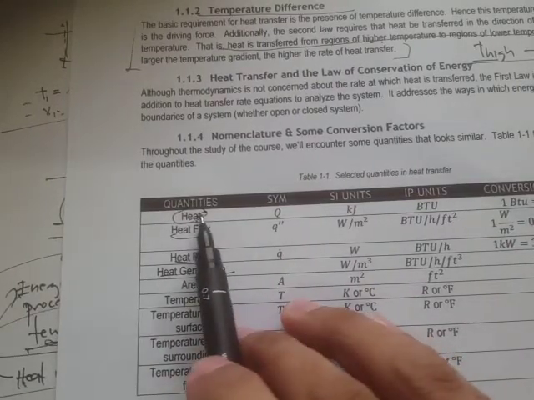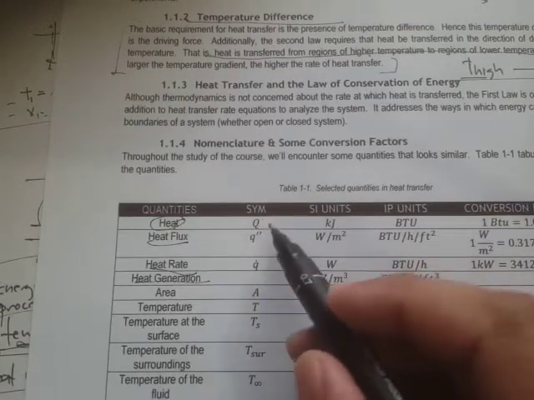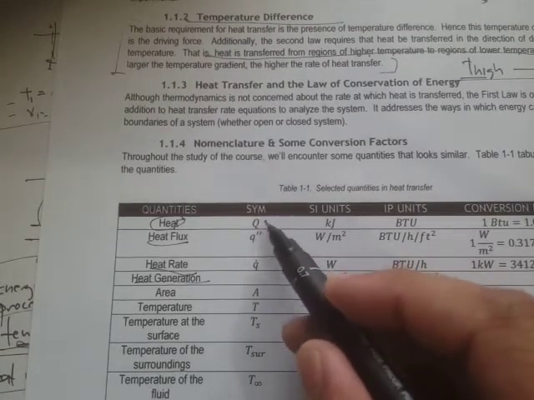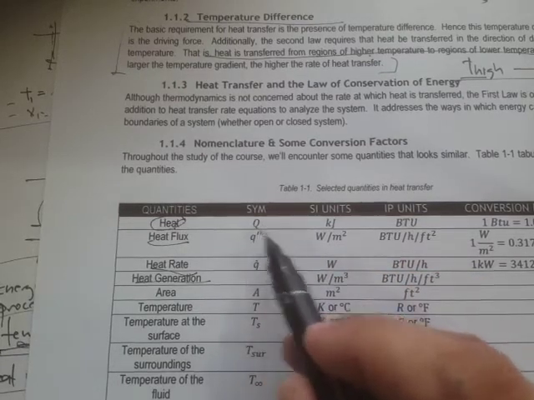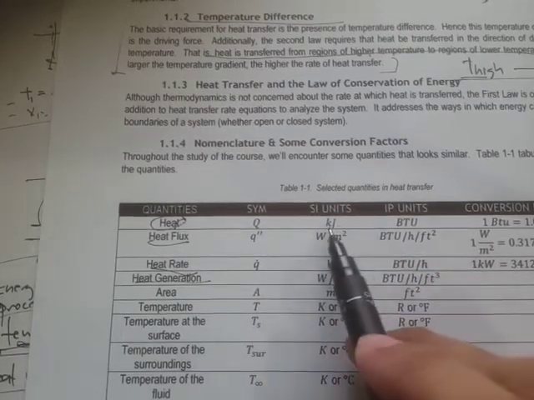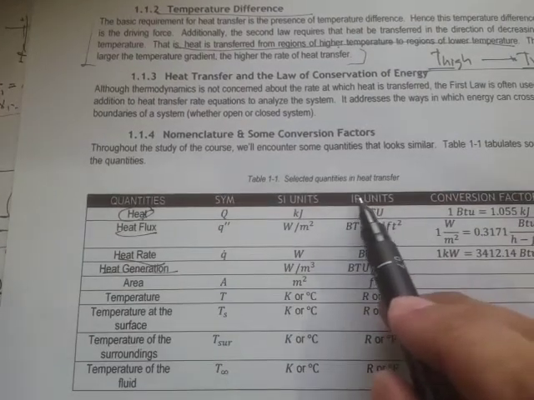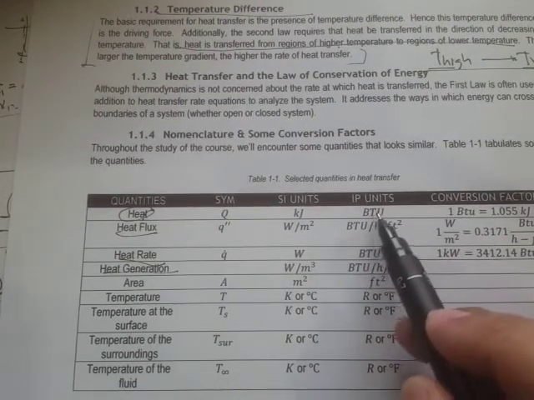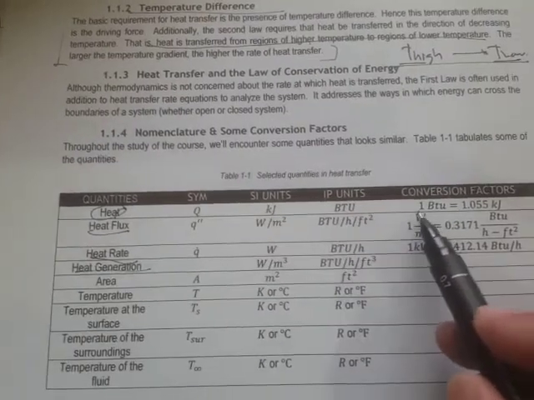When I say heat, we use the symbol Q without any extra marks. The unit of this heat is the unit of energy, kilojoules in SI units, or in IP, inch-pound or English units, the British thermal units. The conversion is this one.